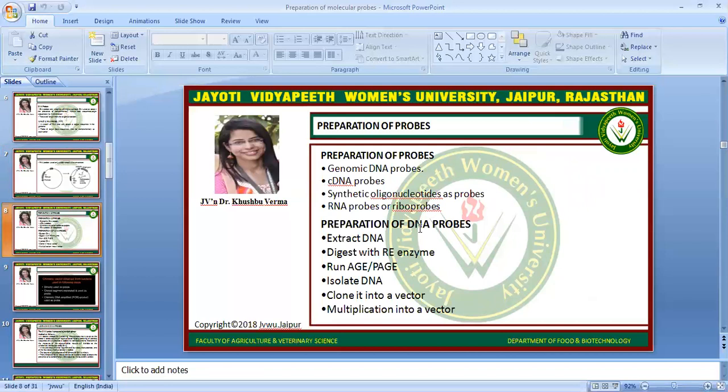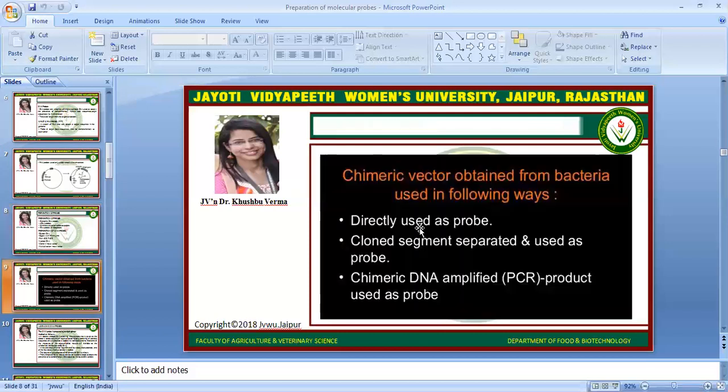How to prepare probes? Preparation of probes includes genomic DNA probes, cDNA probes, synthetic oligonucleotides as probes, and RNA probes or riboprobes. In the preparation of DNA probes, first of all, we go for the extraction of DNA, then digest with RE enzyme, then run AGE or PAGE, isolate the DNA, clone it into a vector, and multiply. The chimeric vector obtained from bacteria is used in the following ways.